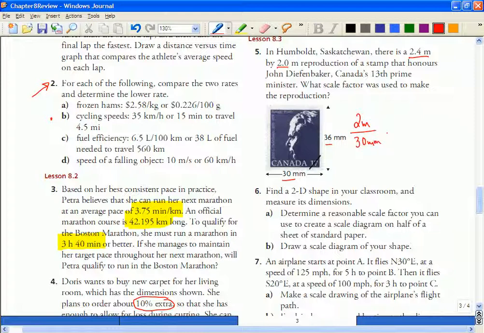Should have thought it through a little bit more. So there's 1,000 millimeters in every meter, so I'm going to end up with 1,500 as the scale factor. That means whatever it was on the real object, we multiply by 1,500 to get up to the reproduction.